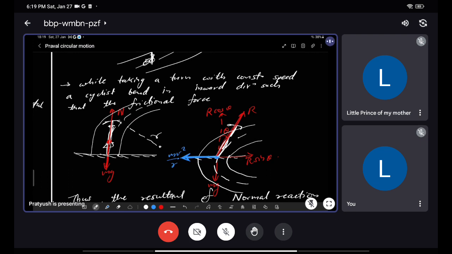what will happen? Because of this tilt, the friction will be sufficient.